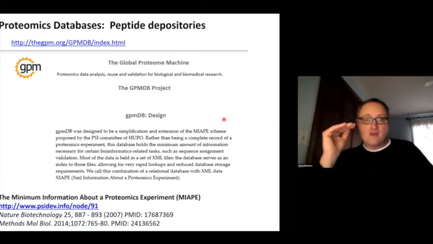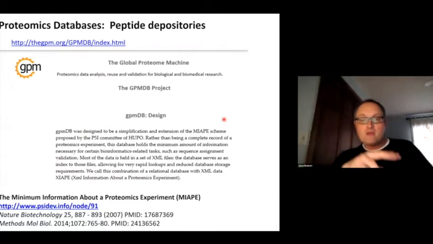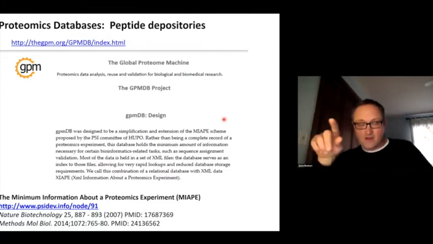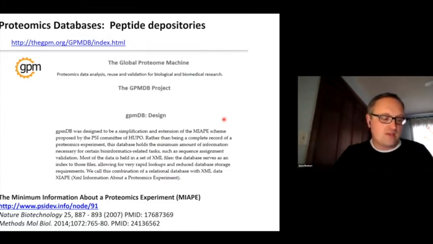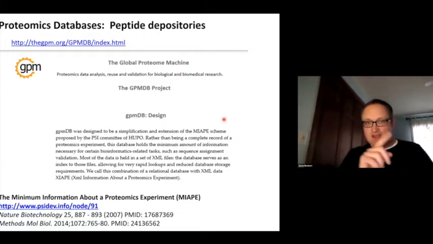There really isn't one way to deal with proteome data. There are many separately funded initiatives, and there's some connection between them, but you should keep that in mind when you're doing data mining and thinking, where is the source coming from, how connected are those sources, and what is the completeness of that database archive?